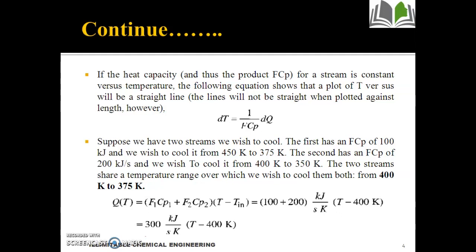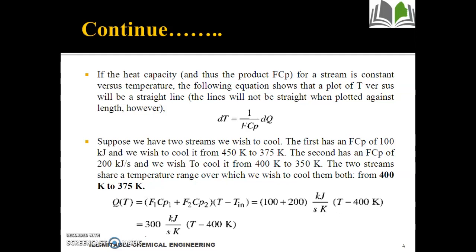These two streams share a common temperature range, that is 400 to 375 only.